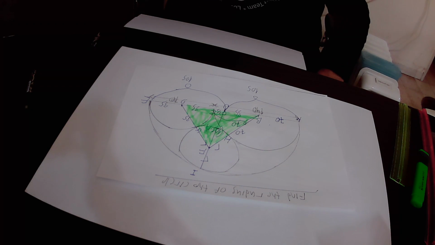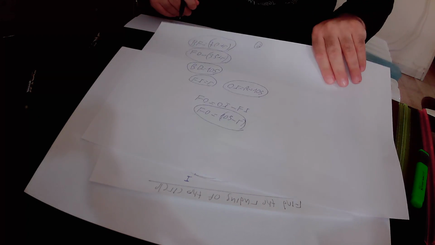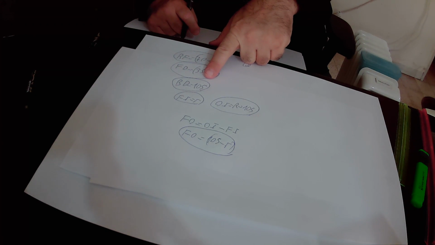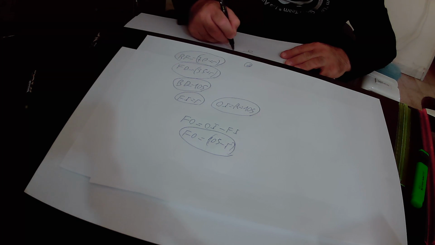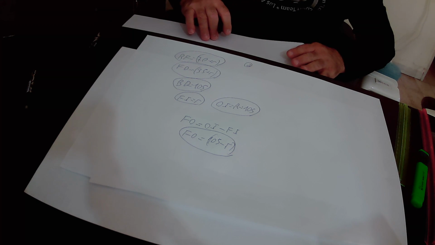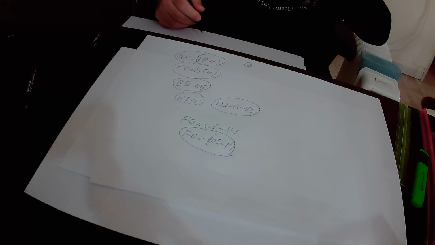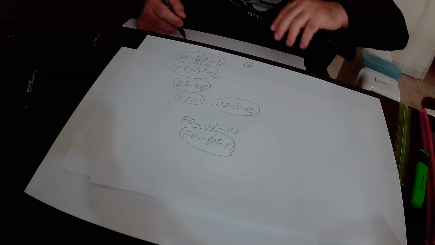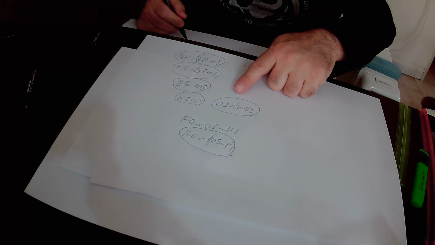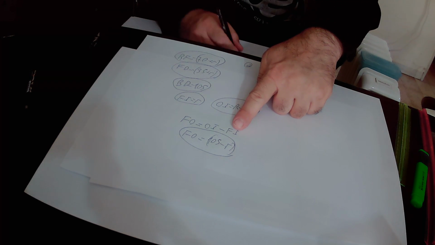We have also found out that BD equals 105 units, and that FO equals 105 minus r units in its length.